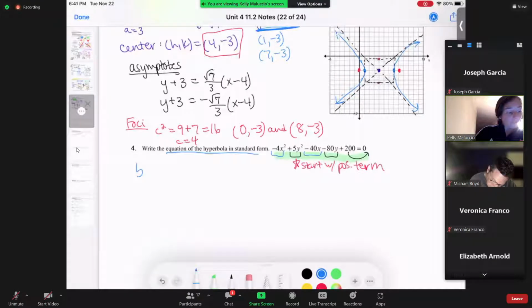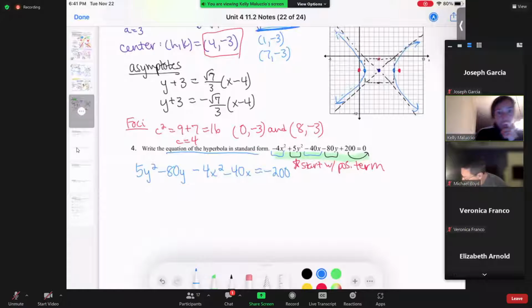So I'm going to say 5y squared minus 80y, and then minus 4x squared minus 40x equals negative 200. Okay, that's how I'm going to rewrite it first. Then I'm going to take out a common factor. We can take a 5 out of these, and a 4 out of these, and rewrite.